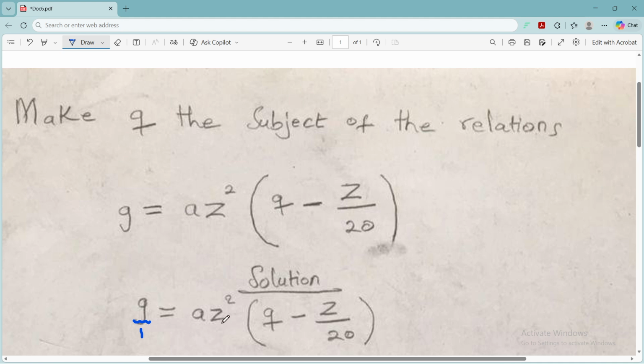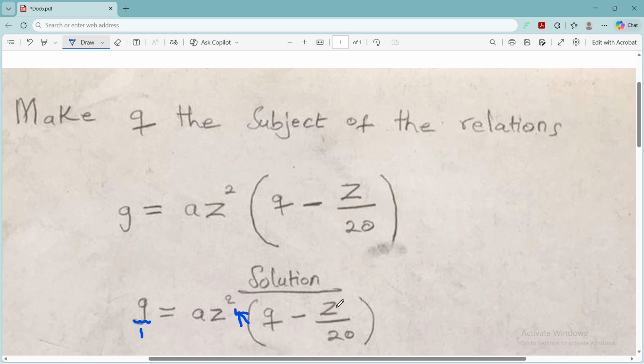And az square is separate from the bracket q minus the fraction z divided by 20, because az square is multiplying the bracket q minus the fraction z divided by 20.